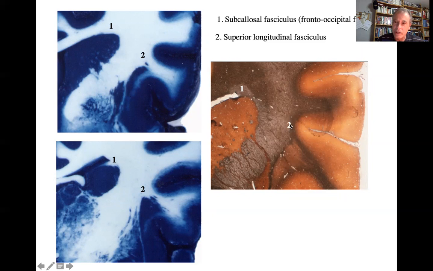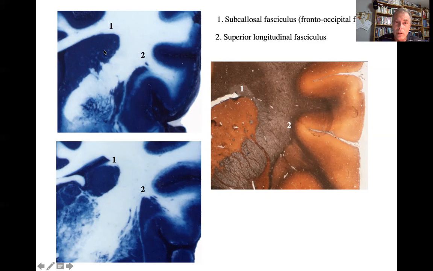This fasciculus is located just on top of the putamen, intermingled with the fibers of the internal capsule.